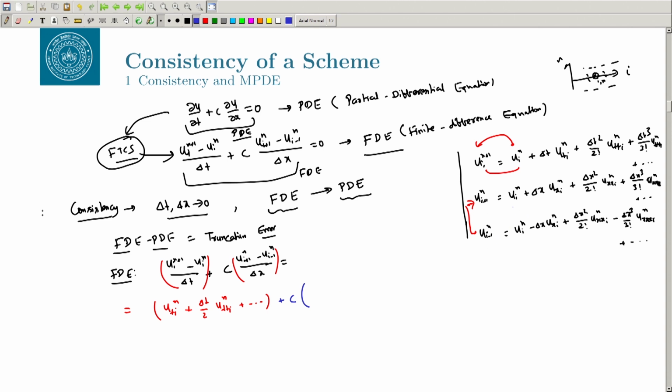So this will cancel out when you subtract that, and this one will also cancel out, and this will be 2 delta x, because this is a central differencing scheme. Once you do that, this will become c u_x at i, n, and then you will have this term coming up.